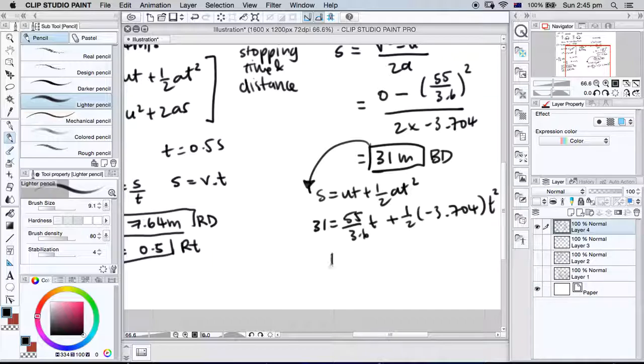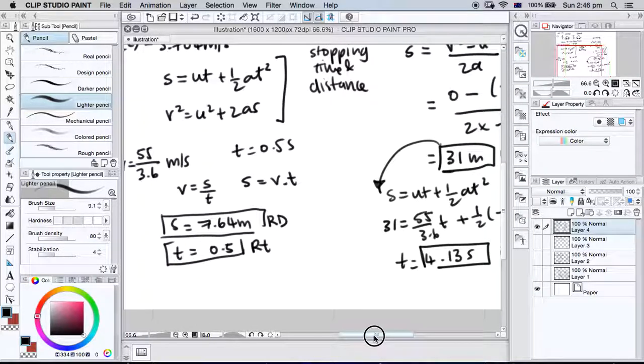Solve for t. You should get two answers if you're doing it the quadratic way, but take the positive answer. So the positive answer would be 4.13 seconds. So that is your braking time.